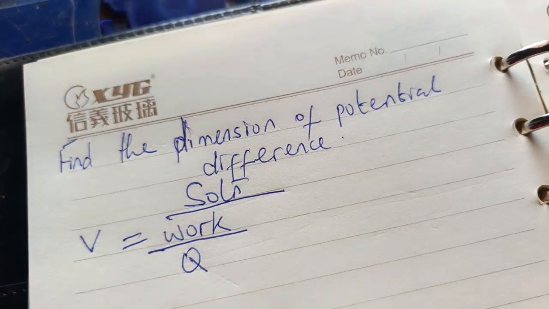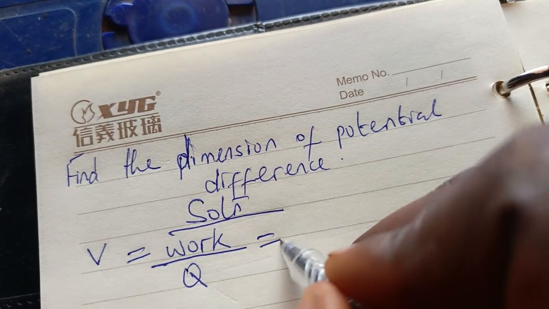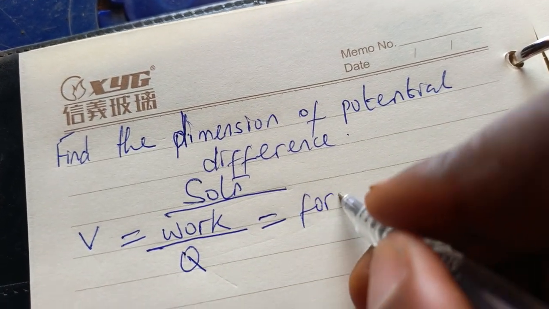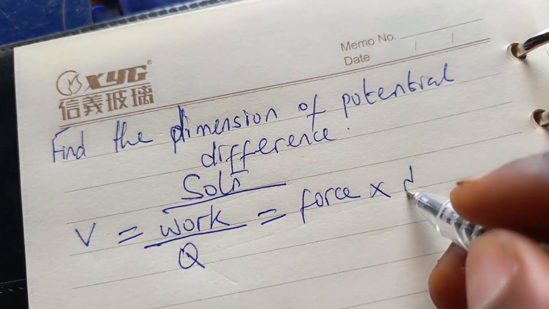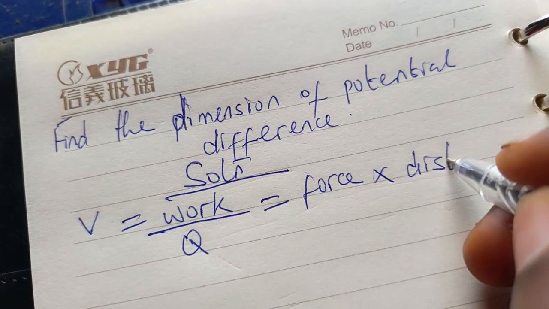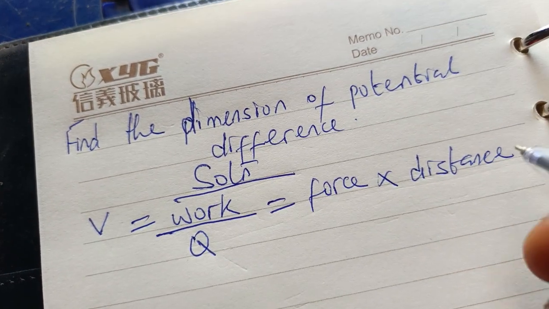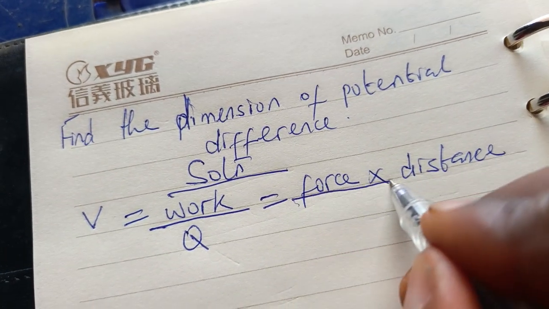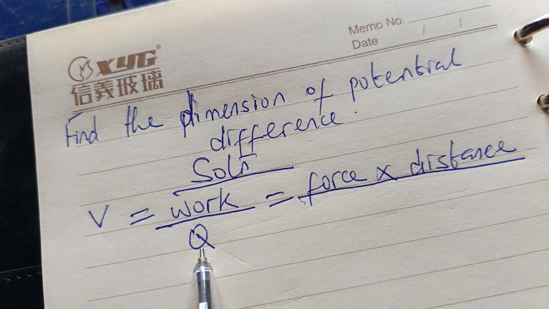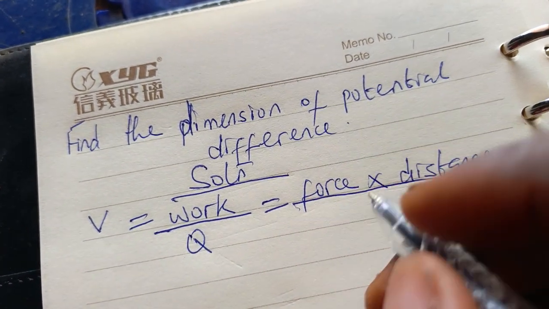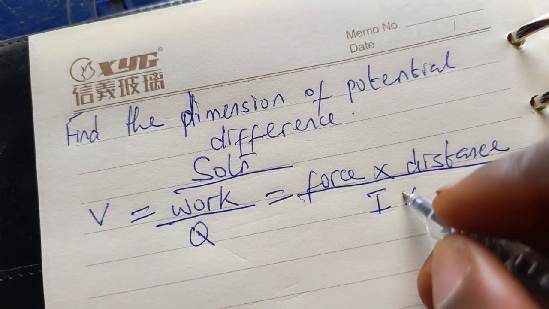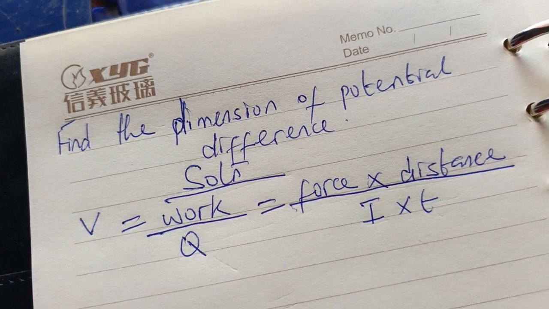That is the formula. And the work has the formula for force times distance. Force times distance divided by quantity of charge, which has the formula for current times time.